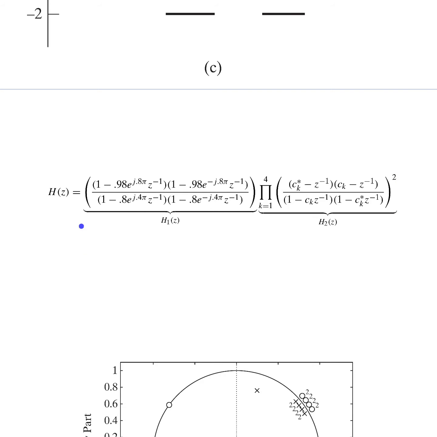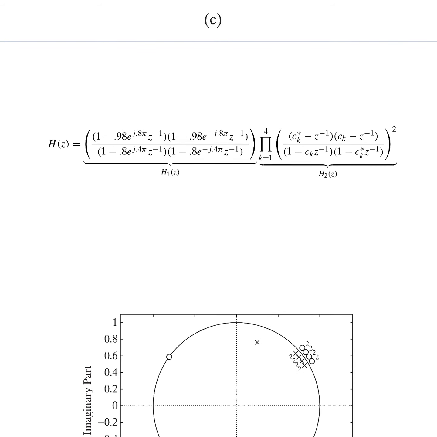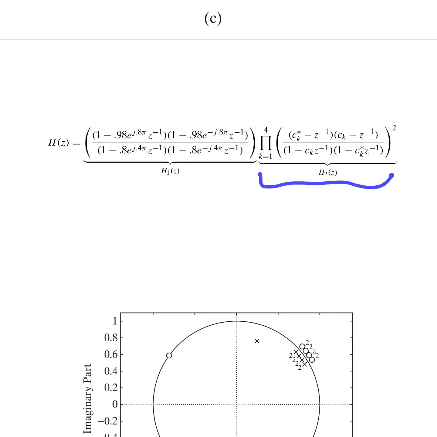where the outer part we have defined as H1 of z. In this H1 of z you have two poles and two zeros, and the one which is inside, which is H2 of z, is the multiplication from k equals 1 to 4. So it would have many poles and many zeros. For some given values of ck in H2 of z, let's talk about first of all H1 of z.